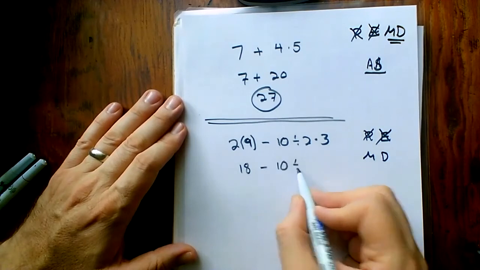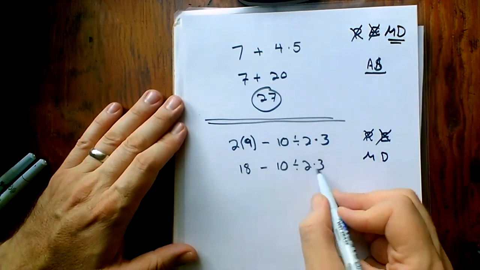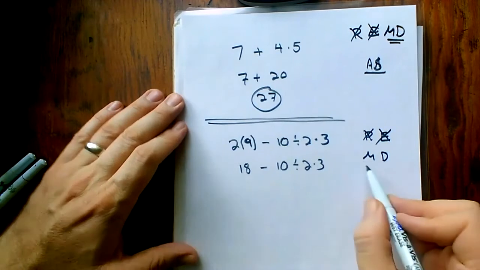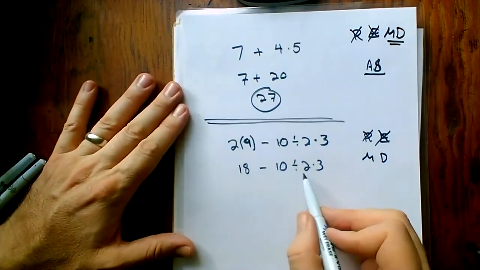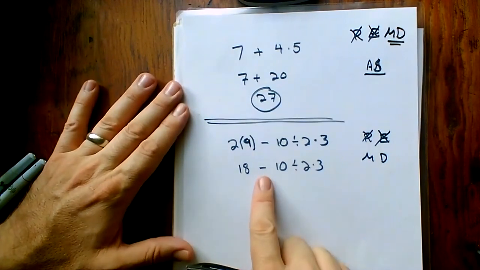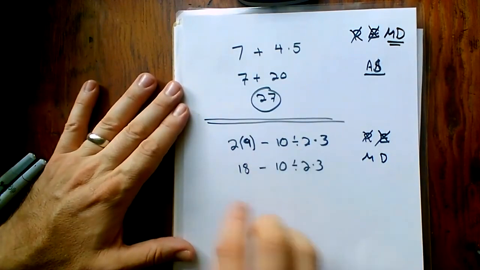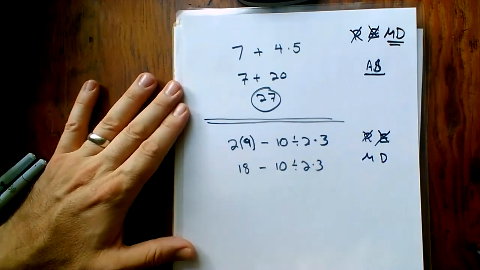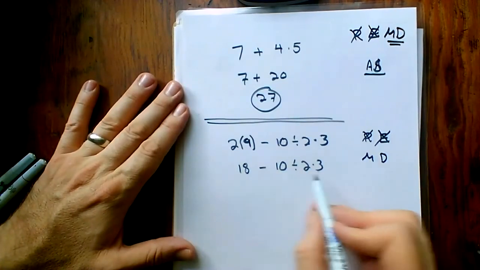As you get the hang of this, you're going to realize that I could have started with this one as well, because the addition and subtraction basically acts as like a firewall between these groupings of multiplication and division. But let's go ahead and finish this up.